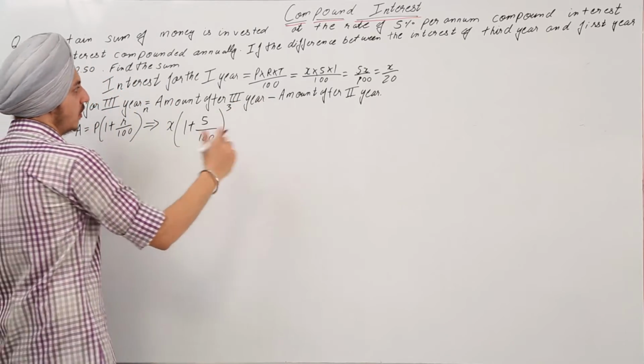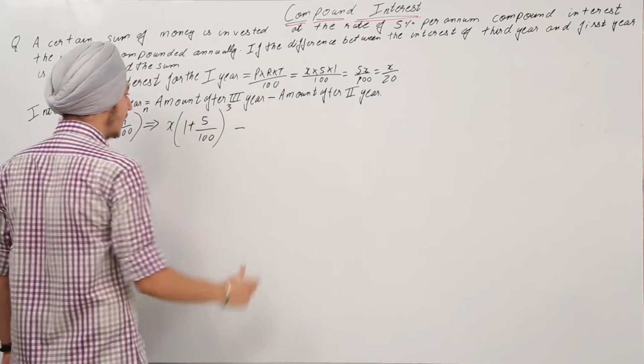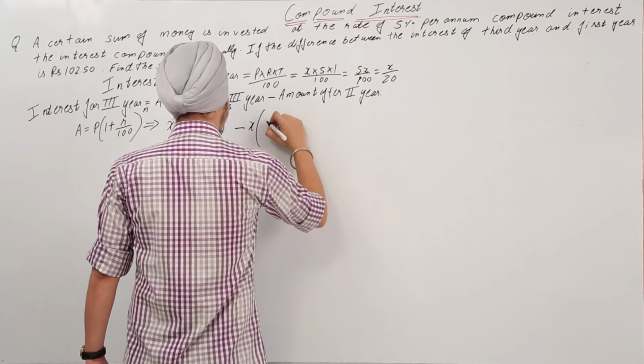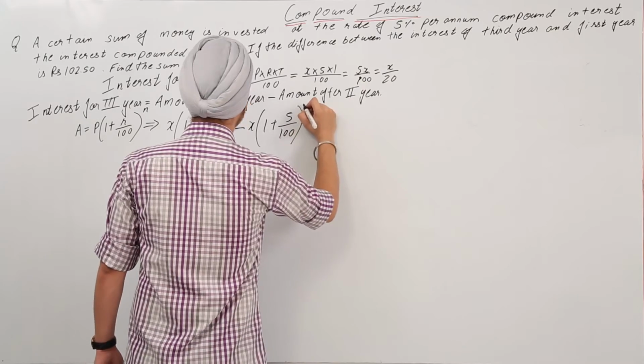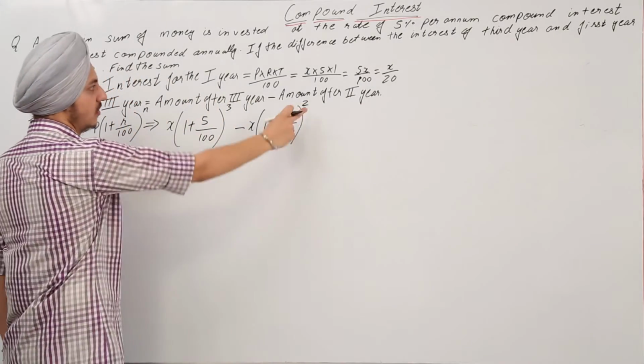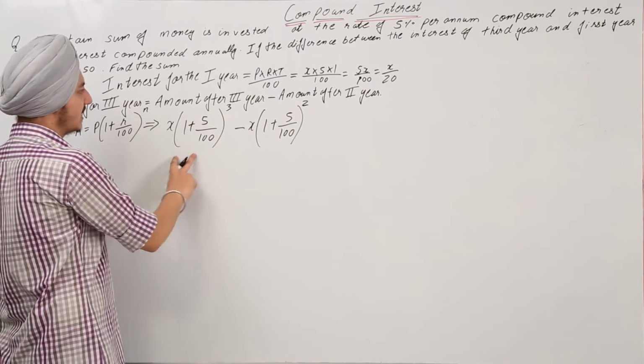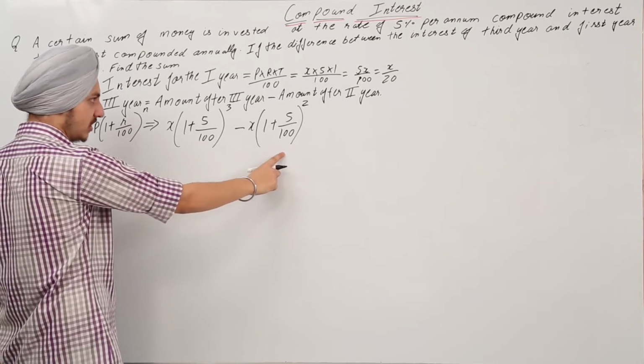Am I right? What is the amount for the second year? That is x into 1 plus 5 upon 100, and the only term that changes is the n, that is 2 now. So this is the interest for the third year.